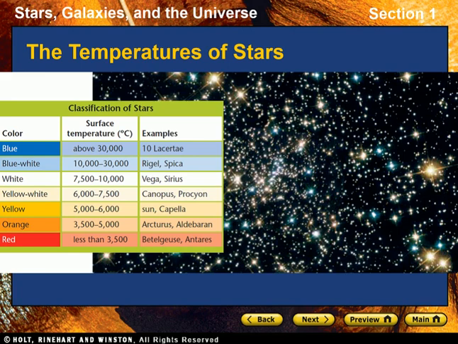Temperatures of stars. The surface temperature of a star is indicated by the star's color, as is shown in Figure 2 on the screen here. The temperature of most stars ranges from 2,800 degrees Celsius to 24,000 degrees Celsius, although a few stars are hotter.